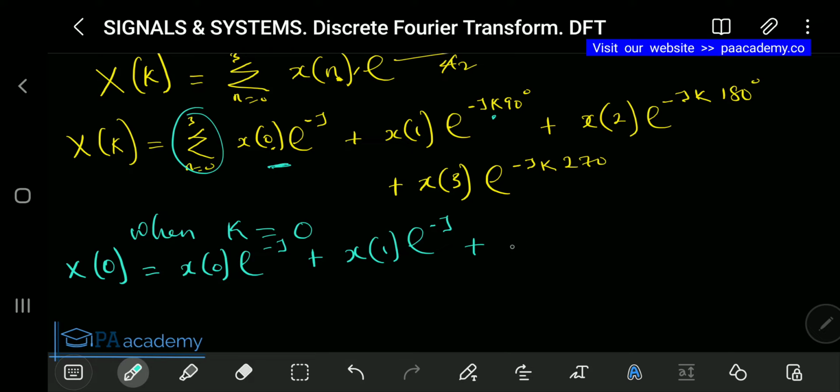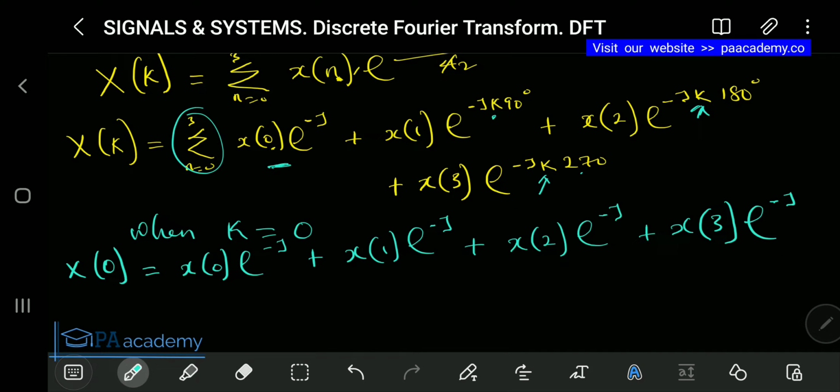So plus x of 2 exponential. The same thing will happen here. Since this k is 0, we are going to be having exponential minus j. Then plus x of 3 exponential. The same thing, our k is 0, so it will just cancel out, leaving us with exponential minus j.